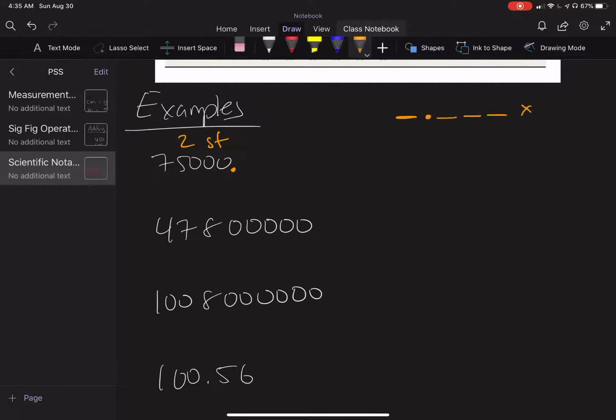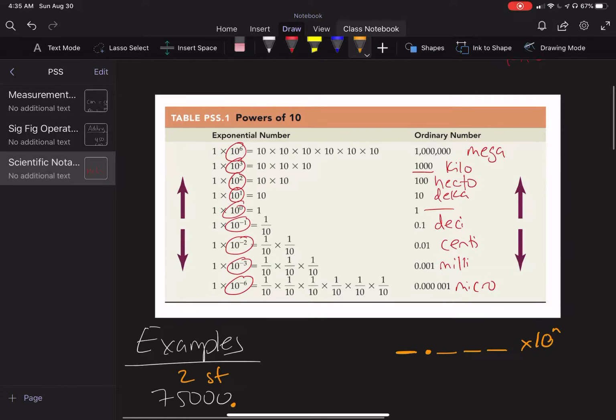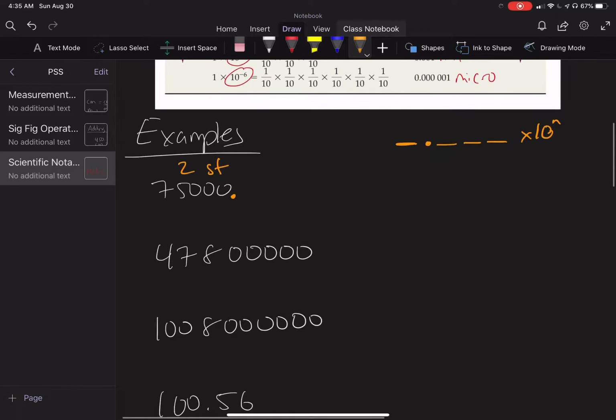Then we'll have the multiplier times 10 to some exponent, so that corresponds to what we saw in the table. So we essentially need to move this decimal point over to here so we have the 1 digit plus whatever else is necessary on the right side.